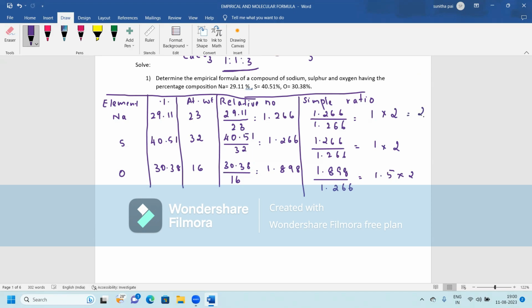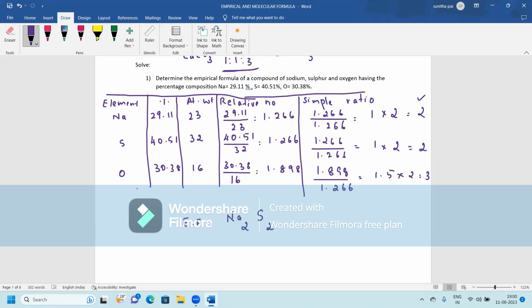So now my simplest ratio is 2, 2 and 3. The simplest ratio now is 2 is to 2 is to 3. Therefore, the empirical formula is Na, number corresponding to Na is 2.